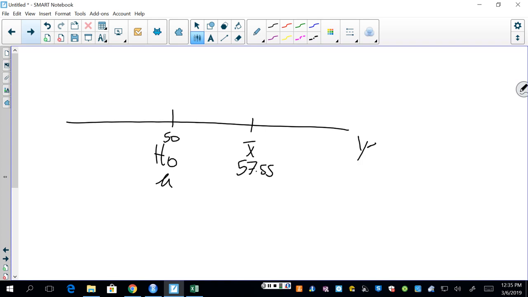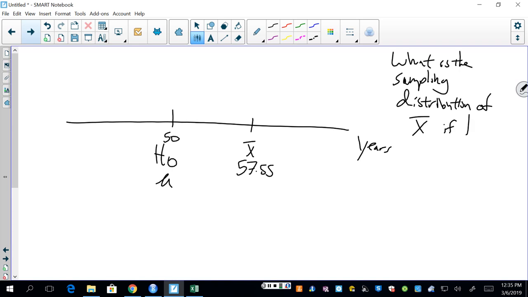This is years. It's certainly away from 50, and it seems like a fairly big number. But it will depend on the sampling distribution of x bar. What is the sampling distribution of x bar if the null hypothesis is true?